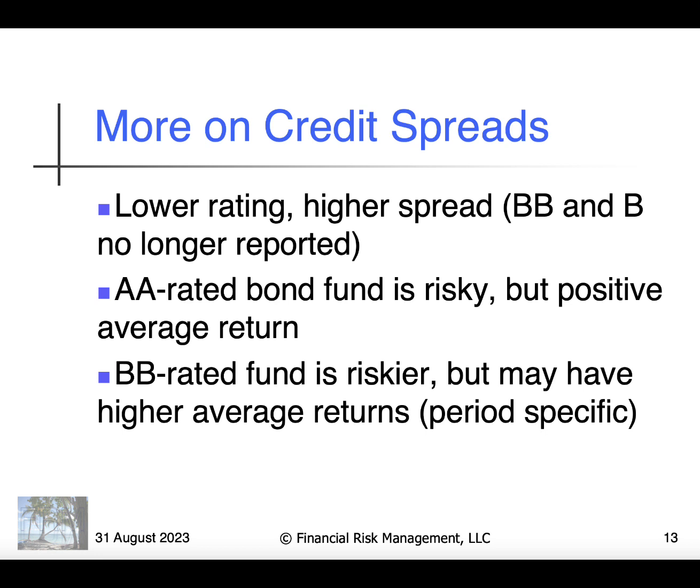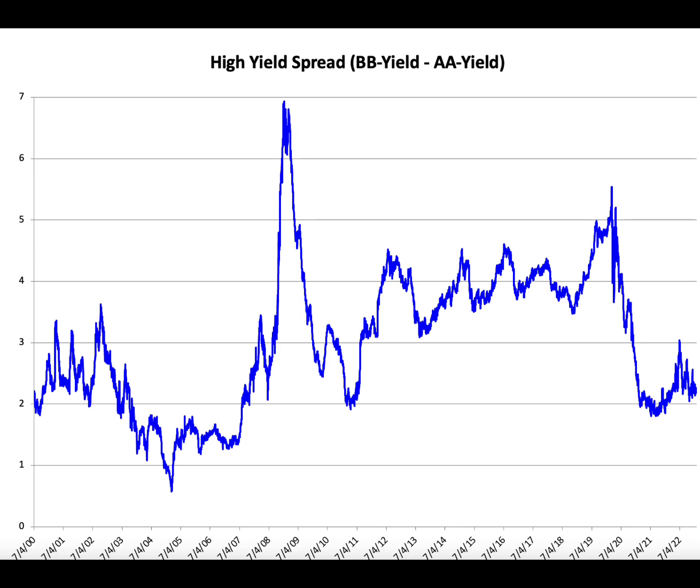So the lower the rating, the higher the spread. We would expect the double A rate. We're going to look at a bond fund and compare a double A rated bond fund to a double B rated bond fund. And so the double B yield versus a double A yield, what we notice is this is a speculative grade bond.